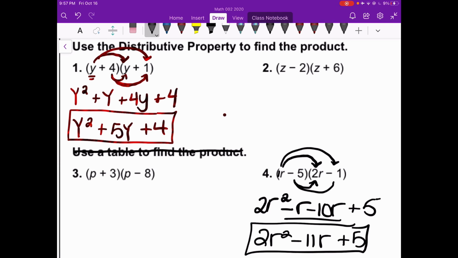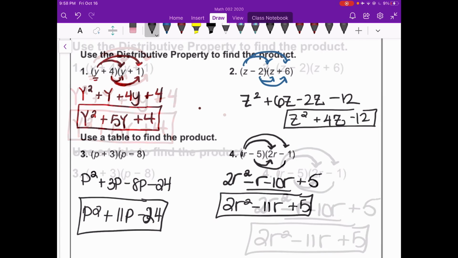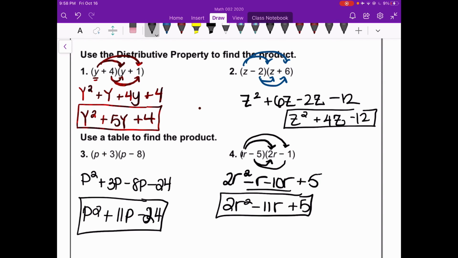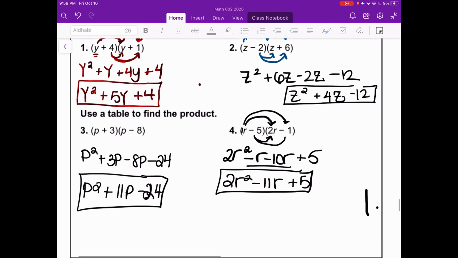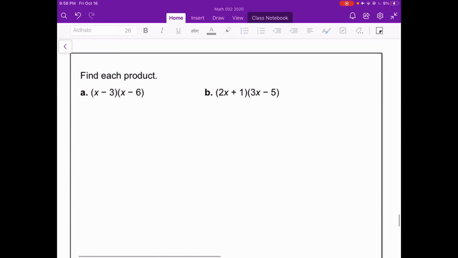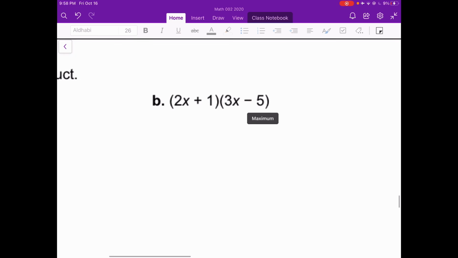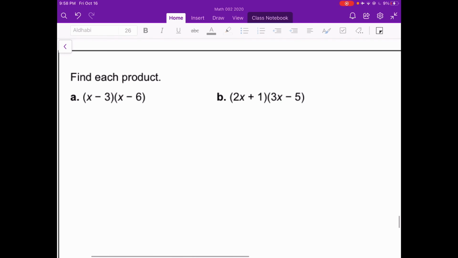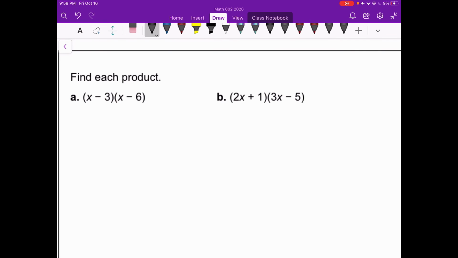Try number 2 and 3, so pause the video and try them on your own. And here are your final answers. I'm going to show you one more challenging one, and you guys can try 2. Let's actually do B together. You can try A as well if you have time.